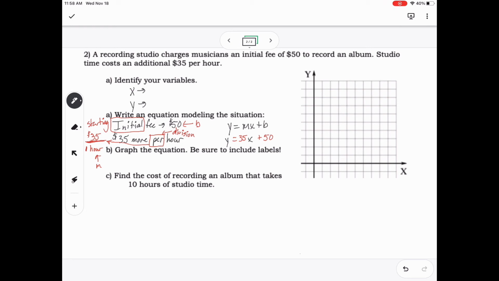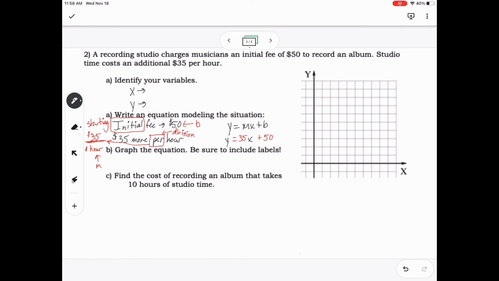Okay, so now go back to identifying what x and y represent. If $35 is like our slope, the amount that I have to pay per hour, what don't I know about that thought? What else do I need to know to be able to say, okay, well, I've spent this much time in the studio recording an album, I have to pay you this amount of money? How could I figure that out?